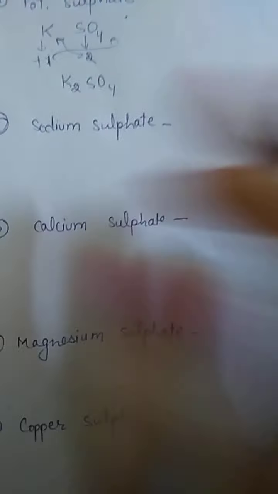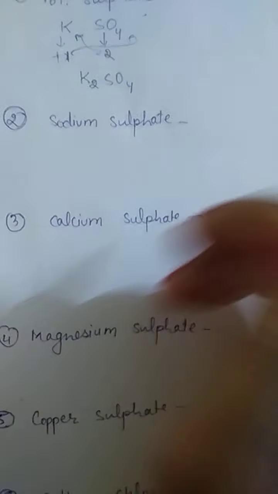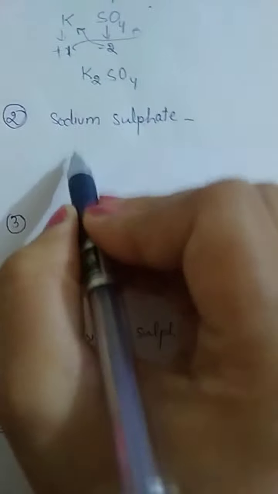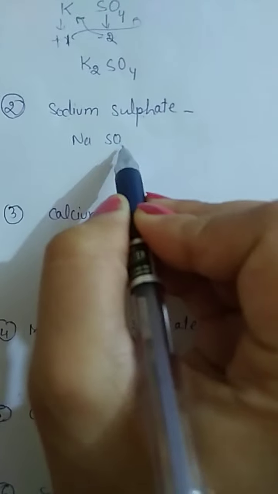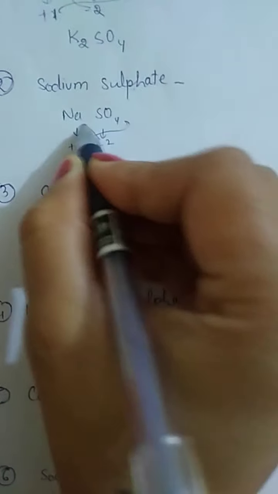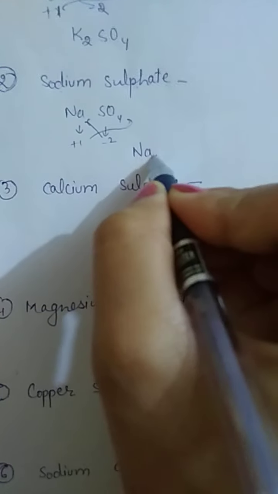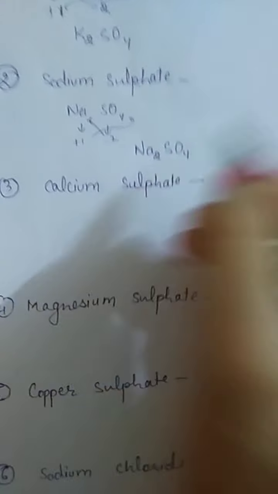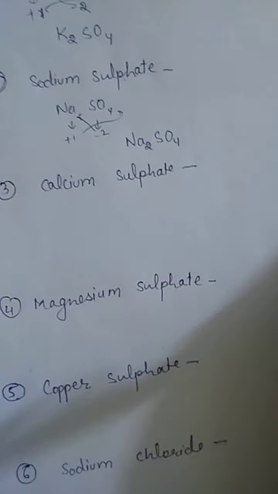So it is K2SO4, this is potassium sulfate. Next one is sodium sulfate, NaSO4, +1 and -2. The valencies cross over, so it will be Na2SO4, that is sodium sulfate.